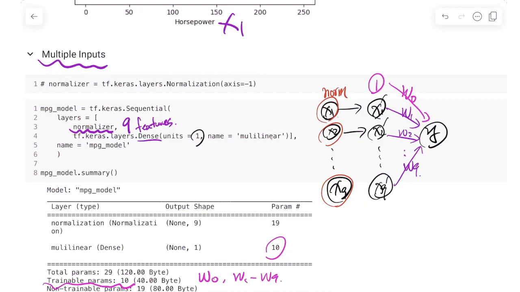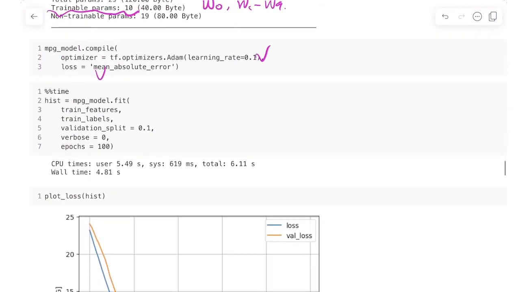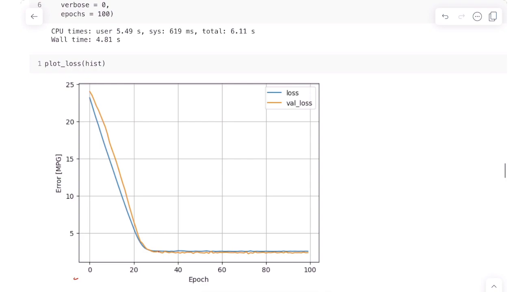Okay, so again, we use MAE as the loss function. We use Adam, okay, learning rate 0.1 as the optimizer. So we use x and y to perform gradient descent, and here's the result for the validation dataset and the training dataset. And again, it is a more complex model. It has 9 different features, but still, after epoch 30 or 40, it becomes stable.